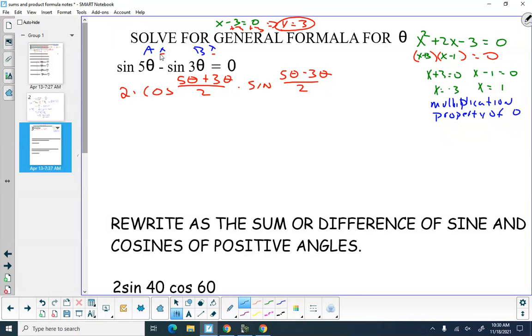All we've done is replace the X with 5 theta and the Y with 3 theta.